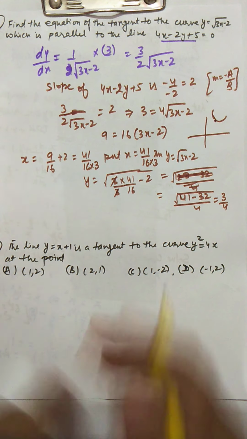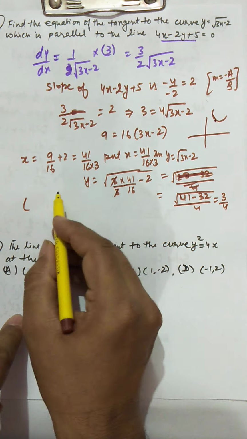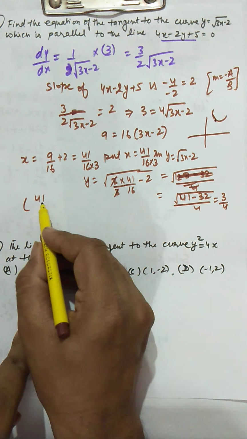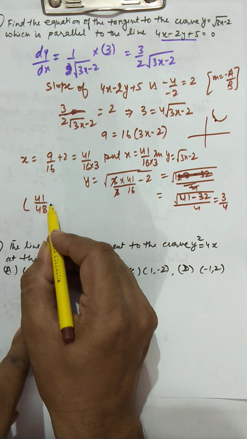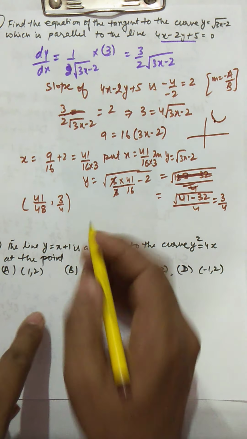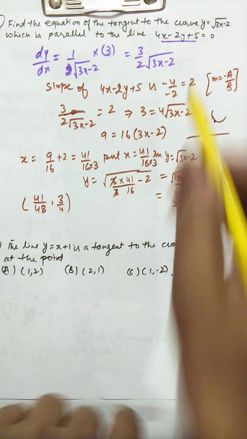So the x is 41 upon 48, and y is 3 by 4.